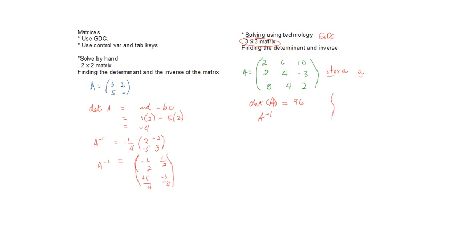But in your GDC, after storing A, you'll write determinant and then you insert A here. And for the inverse, you will just write A to the negative 1. If you do that, you have time again, kindly do that. You can pause this video and then find the inverse of A.